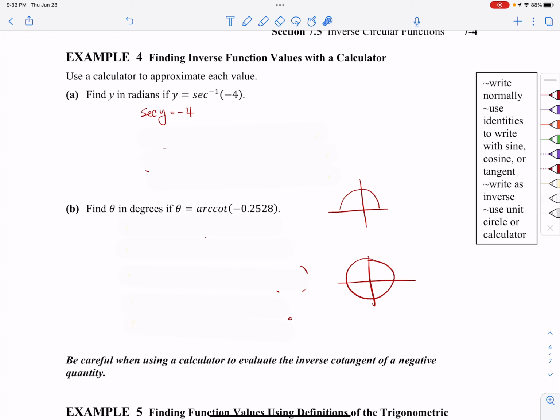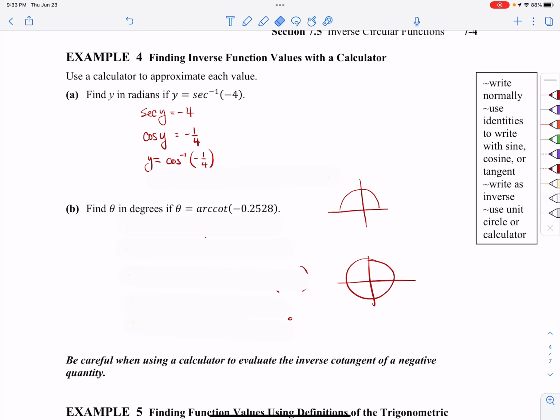So if secant is equal to -4, we know that the reciprocal is -1/4. So my cosine value is going to be -1/4. And then I can rewrite it as an inverse so that I'll have something to plug into my calculator. So this is going to be cosine inverse of -1/4.